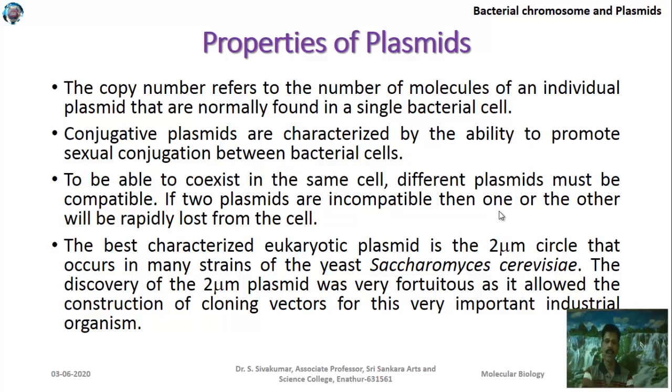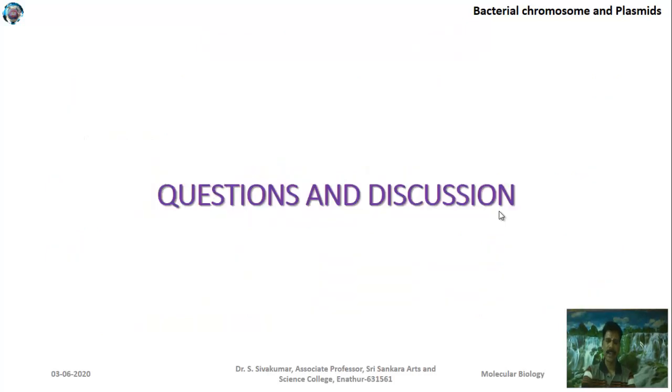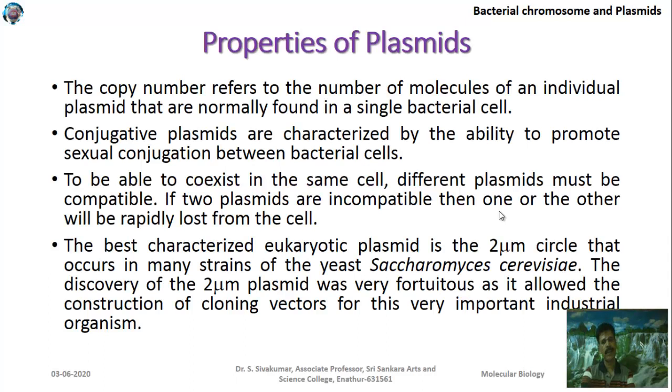For example, if a vector has to survive in E. coli as well as in Saccharomyces cerevisiae, that means the plasmid will contain the origin of replication of E. coli as well as the origin of replication of yeast. Since it has both origins of replication, it can survive in both organisms. That is how the vector is called a shuttle vector, because it can survive in two different hosts. That's why it is called a shuttle.